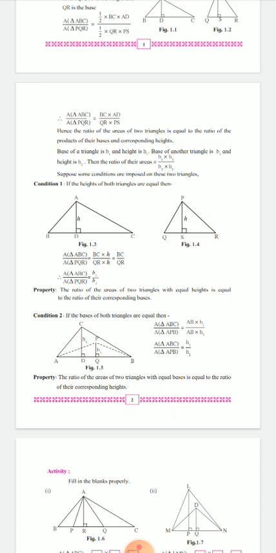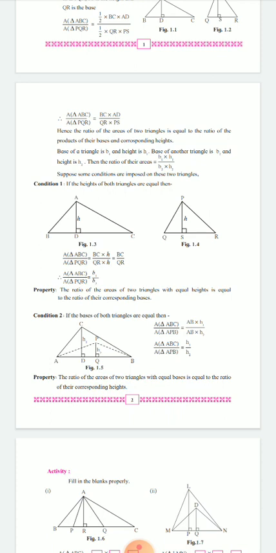Okay, so from this we have our second most important property: the ratio of areas of two triangles with equal bases is equal to the ratio of their corresponding heights. So in this second condition, the base is common, so we have to consider the ratio of corresponding heights.